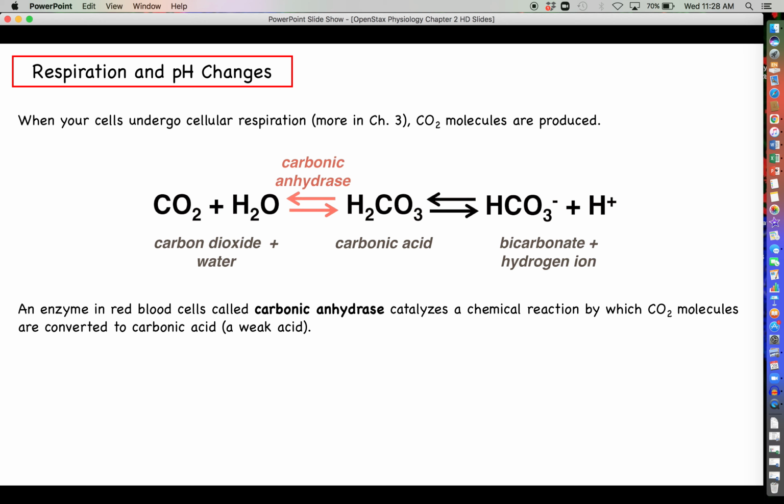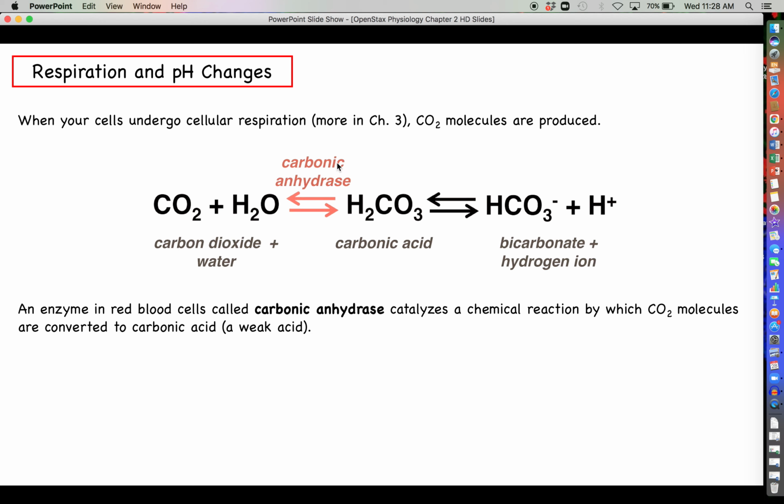It makes a lot of ATP molecules that our cells can harness and use for energy, but one of the byproducts of cellular respiration is carbon dioxide and also water. Well, here's the deal. Carbon dioxide and water can combine together in a chemical reaction to form carbonic acid.